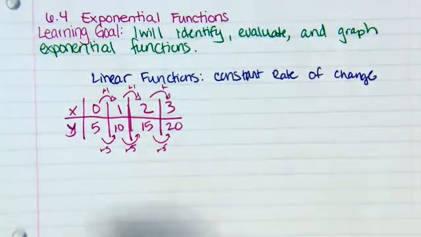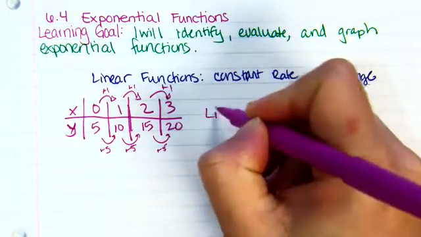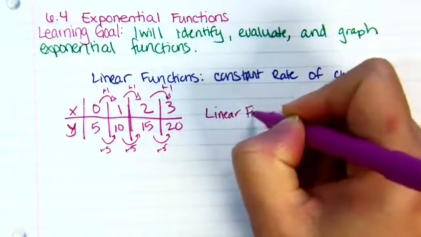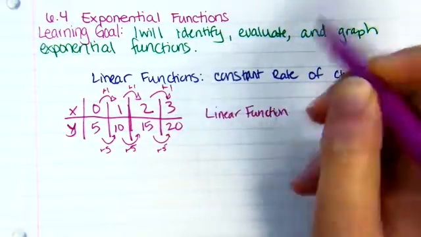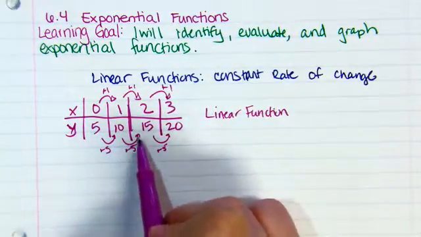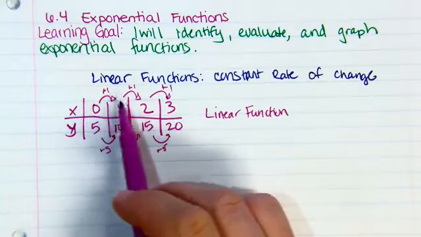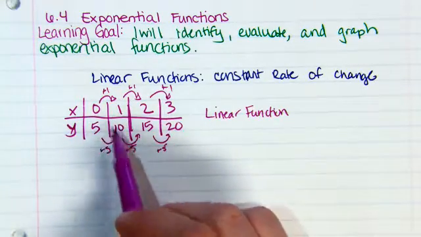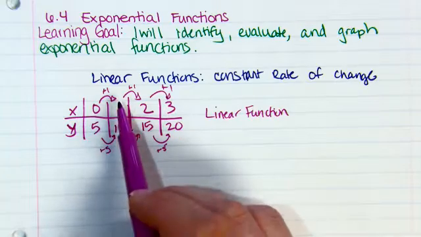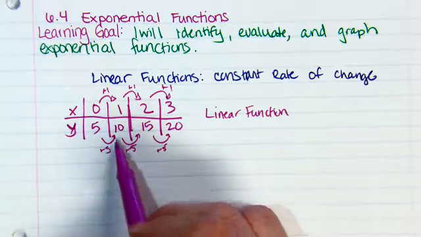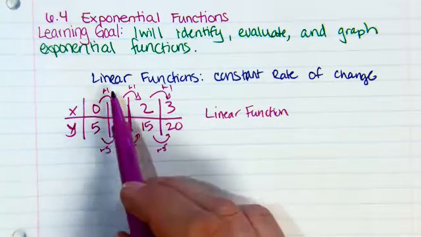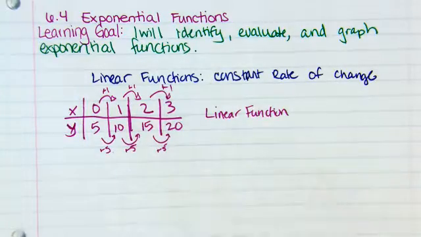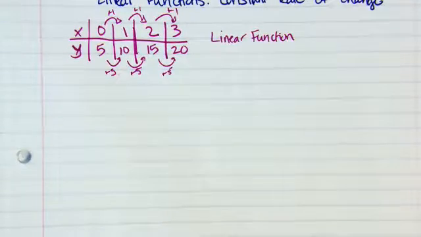So this should look pretty familiar to you. This is a linear function. We're changing by the same amount here every time. So if we were to graph this, the slope of this function would be my change in y over my change in x, which is 5 over 1, or 5.